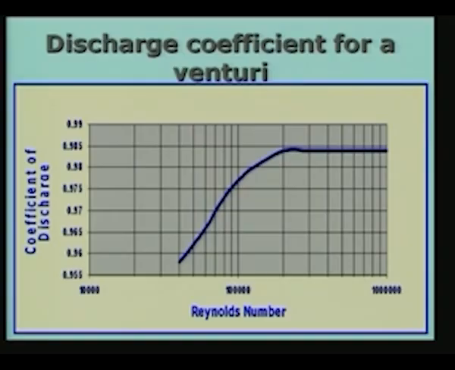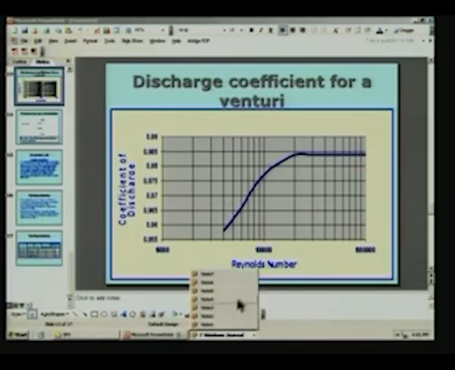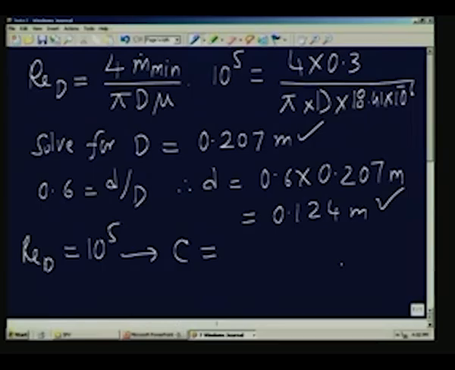So if you see 100,000, the value corresponding to it is something like 0.977. Because the Reynolds number is already given, I can simply take the value from that, and therefore this value of C is equal to 0.977 as I just now indicated.